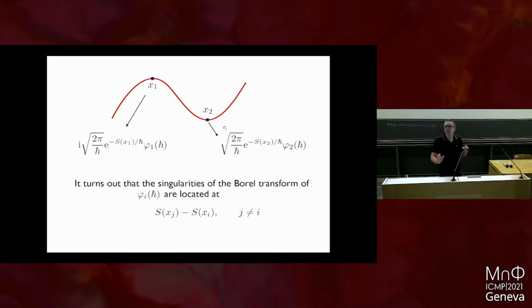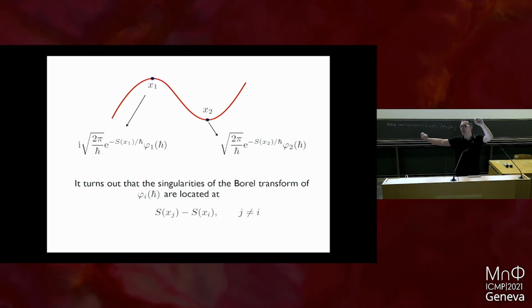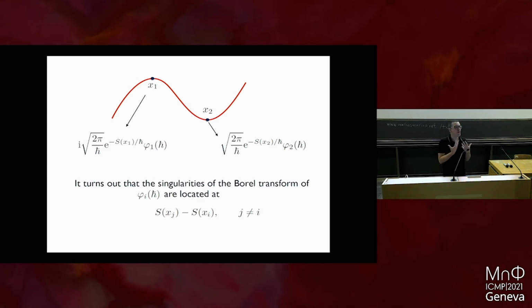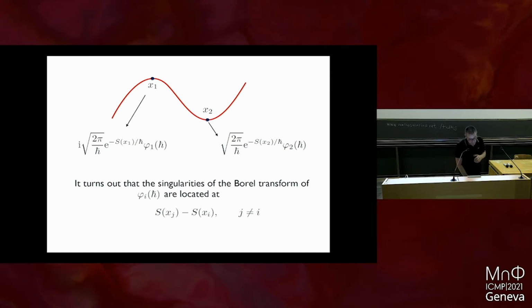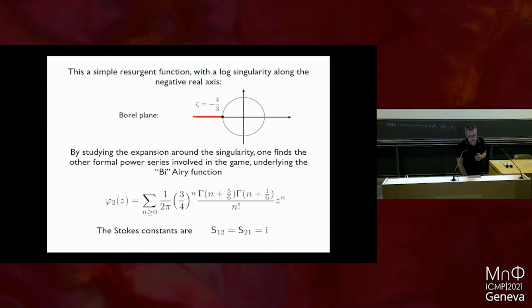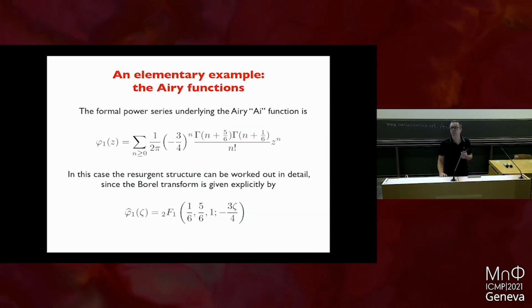So this is another example in which, by using this technique of Borel transforms, the analysis around a local saddle point tells you about the other saddle points of your integral. And this is exactly this type of global information that you can obtain by doing this procedure. You could actually rephrase this Airy example in this way.